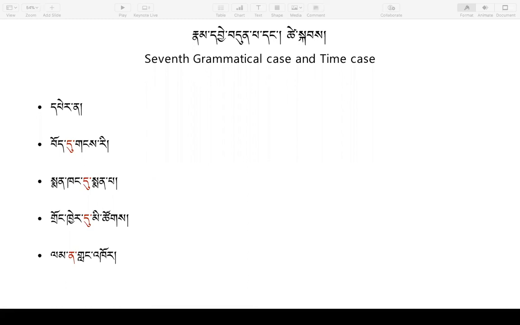Chongkir to Mitso, crowd at city, or crowd in city. Crowd being the object, city being the position. Lamna langkhor, road being the position, and in this case, bus being the object.